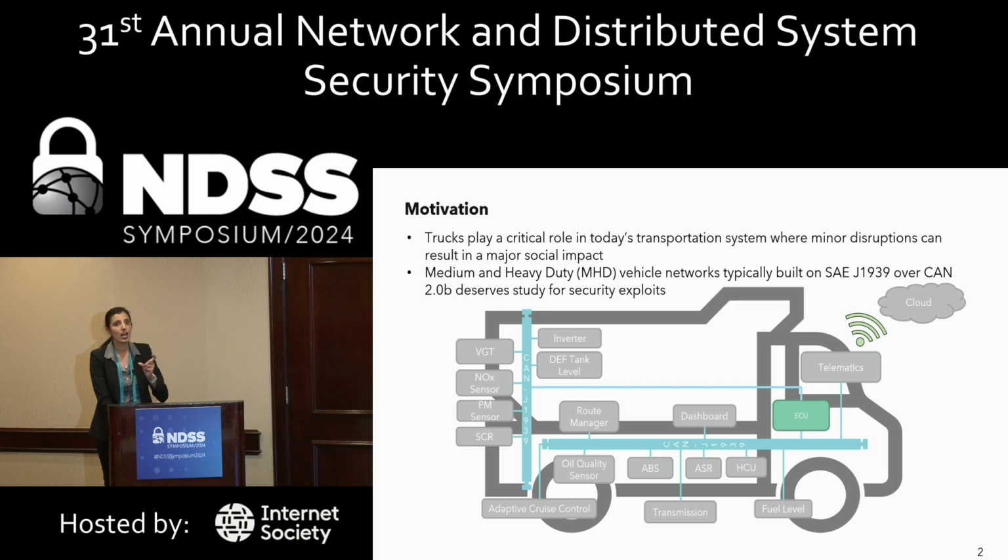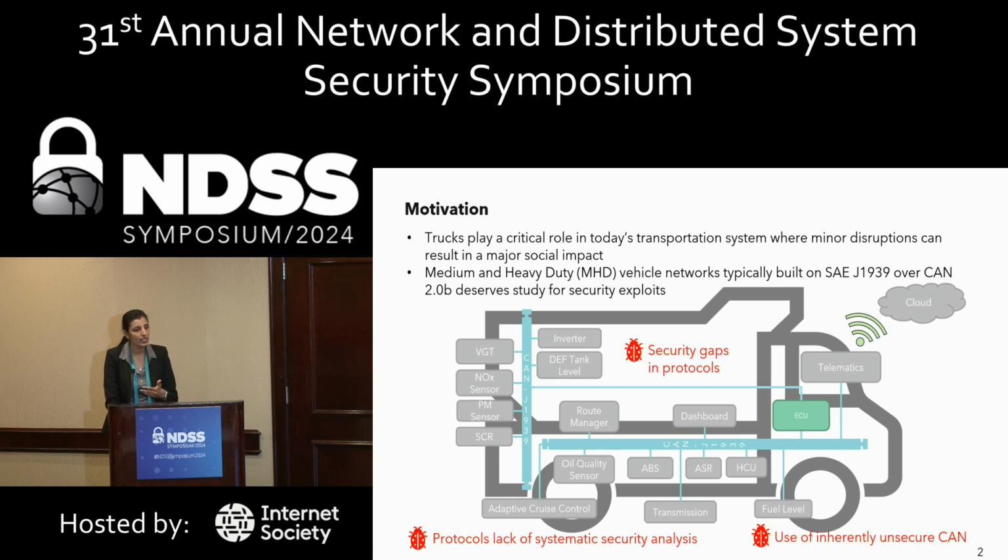This protocol came into existence at a time when security was not a primary consideration while designing protocols, hence leading to various security gaps. On top of this, the inherent gaps of the CAN bus add more attack surfaces in SAE J1939.